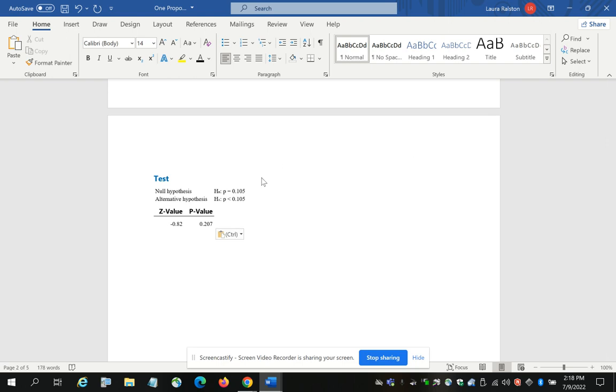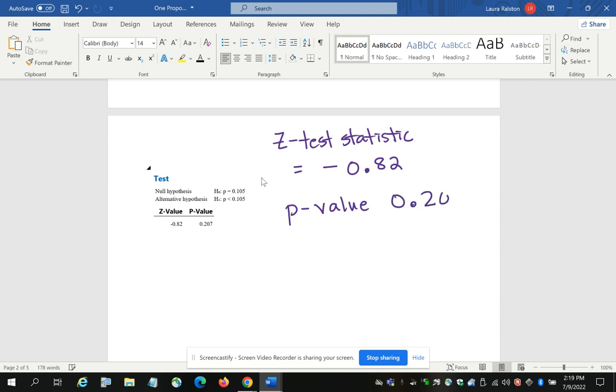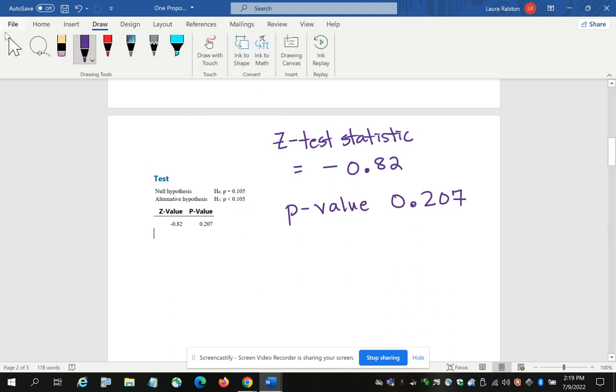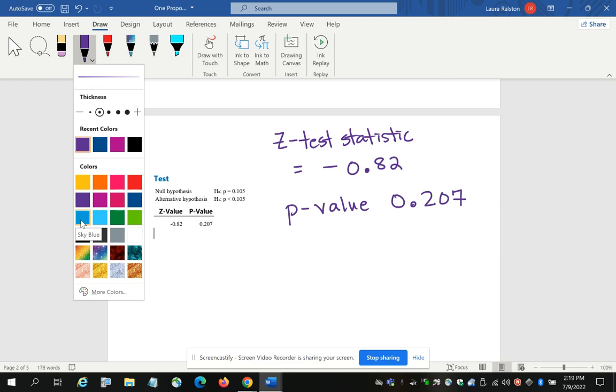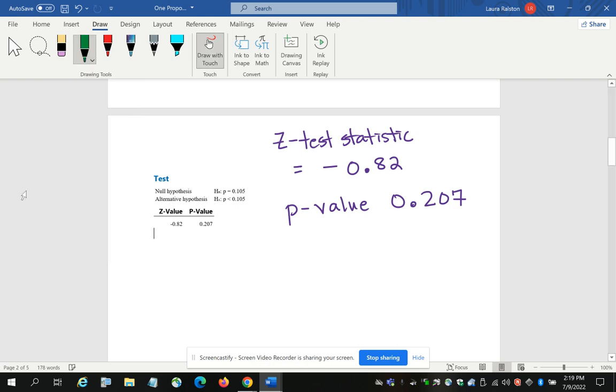Okay, I find that my Z test statistic is negative 0.82 and the corresponding p-value is 0.207. So even though Minitab has given it to me, I have to record those onto my paper or answer the question that is given to me.